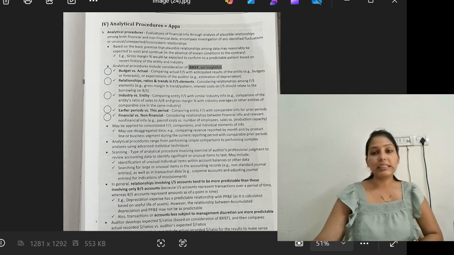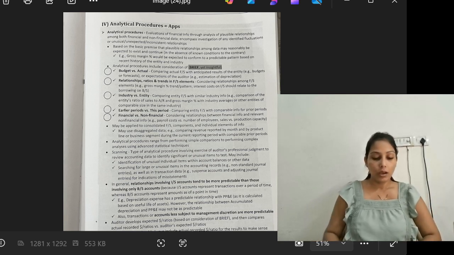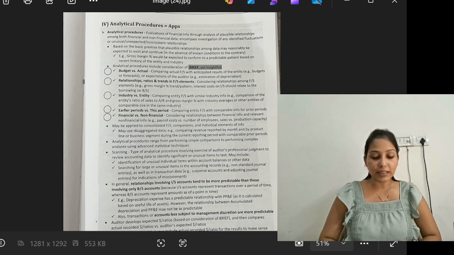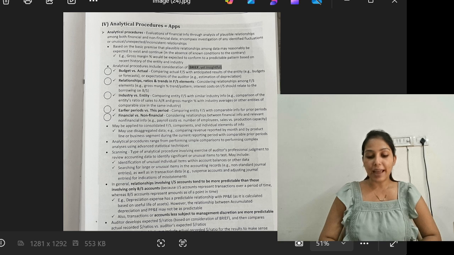Now coming to the analytical procedures. Analytical procedures are the evaluation of financial information through the analysis of plausible relationships among both financial and non-financial data. It encompasses investigation of identified fluctuations or unusual, unexpected, inconsistent relationships.